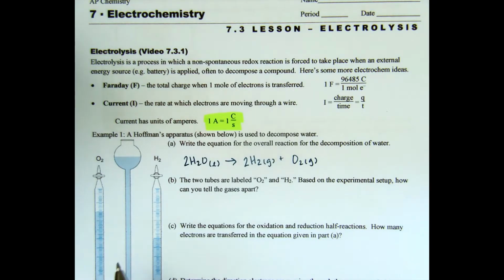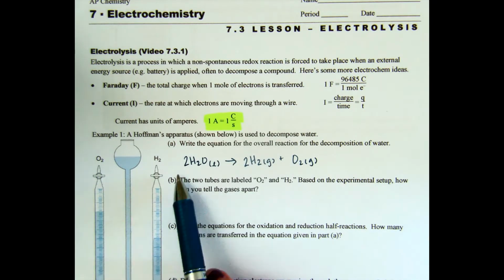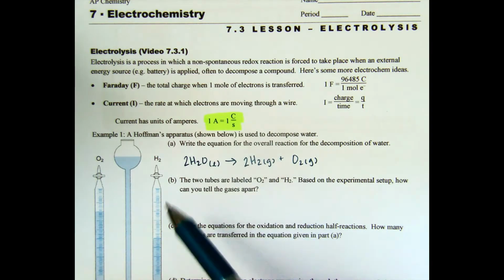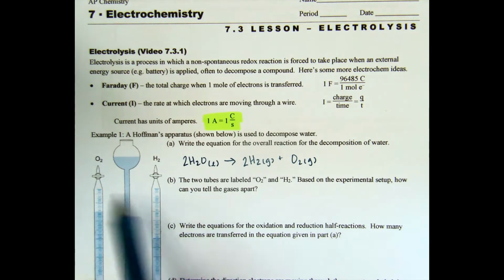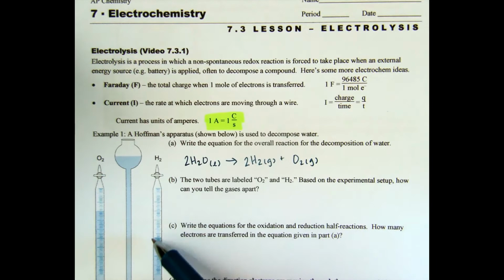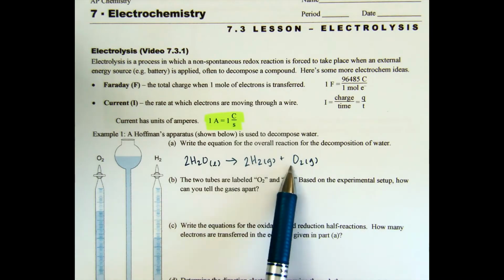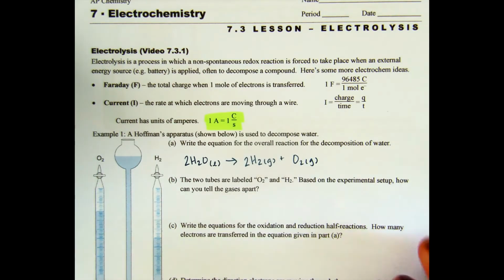For part B, like I said, our tubes are labeled before, but how can we tell? Well, look at the volumes. O2 is half the volume of H2, and that's true also in the stoichiometry here. So we know that our H2 is going to be double the amount of O2, and since this is gas, it's not liquid anymore. We can tell this is hydrogen gas and it's oxygen gas, because we can compare that to the stoichiometry of the reaction.